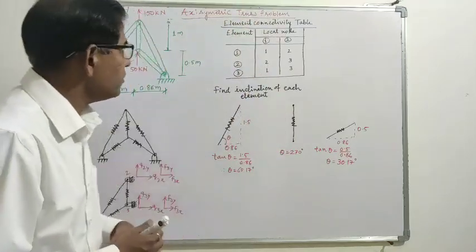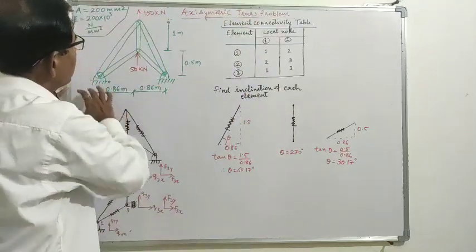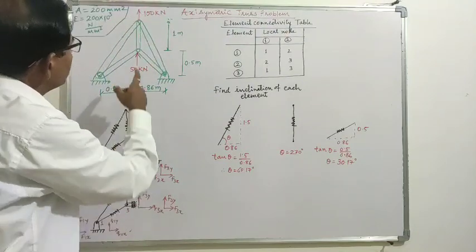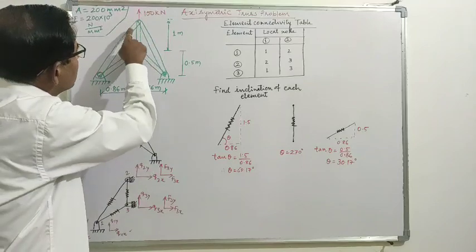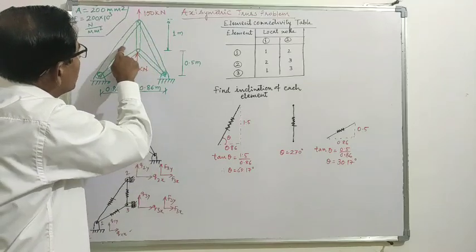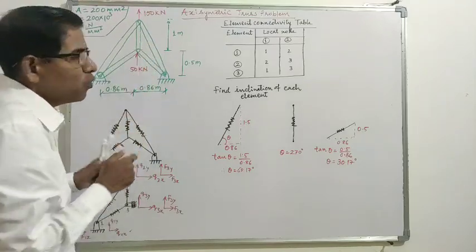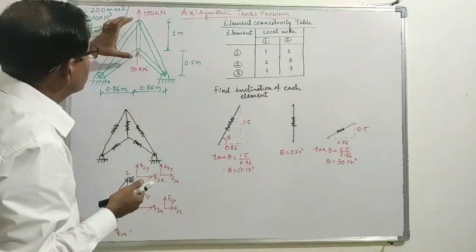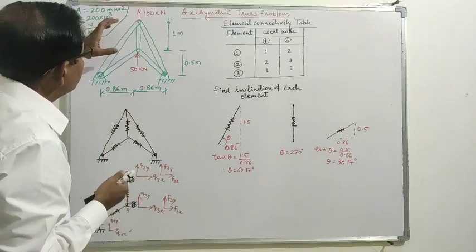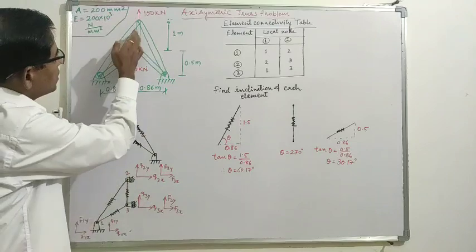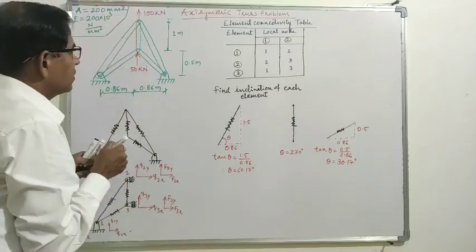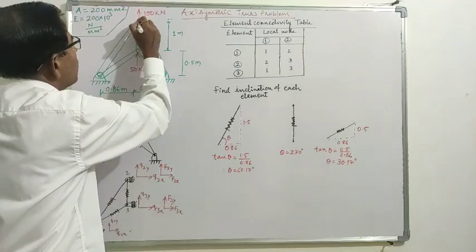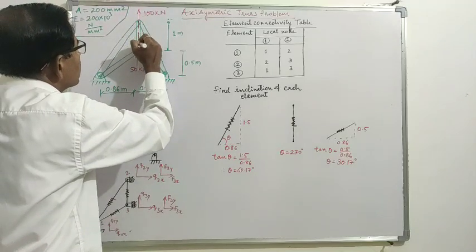Now here I have selected a truss problem. You can see that there are a total of 4 members in the truss, and this truss is symmetric about this vertical axis.